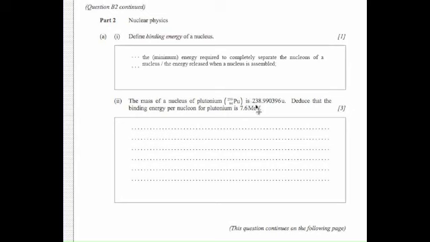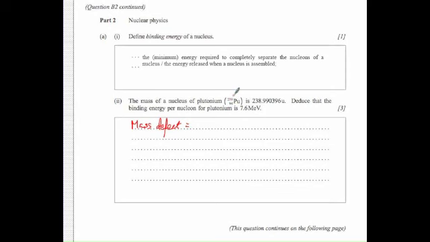This rest mass energy of the nucleus will be less than the mass energy of the constituent nucleons. So what we want to find first is the mass defect. That's going to be equal to the mass of the constituent nucleons minus the mass of plutonium-239.